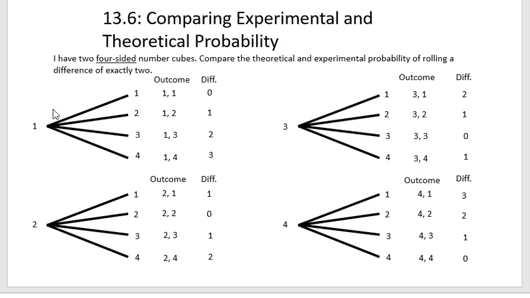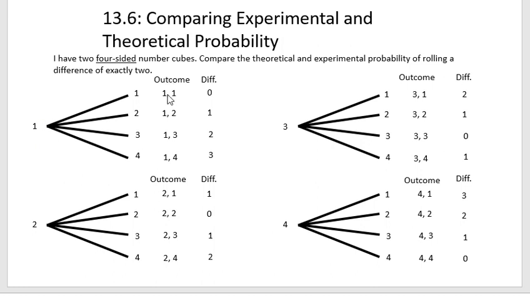So this tree diagram right here shows a 1 on the first cube, and this branch is showing a 1 on the second cube. This 2 here represents a 1 on the first cube and a 2 on the second cube. This one's a 1 on the first cube, a 3 on the second cube, a 1 on the first cube, a 4 on the second cube.